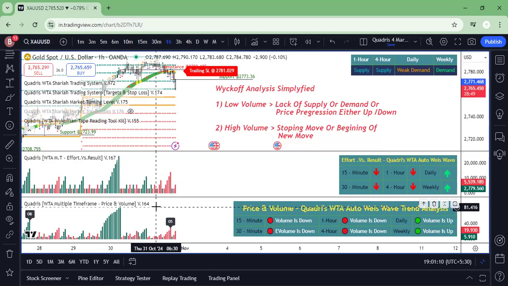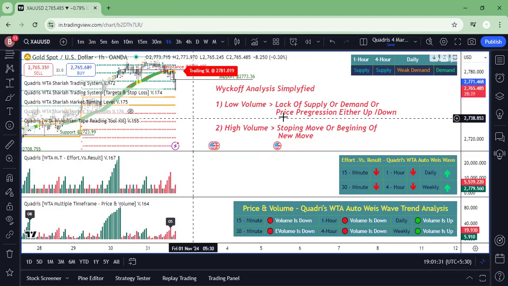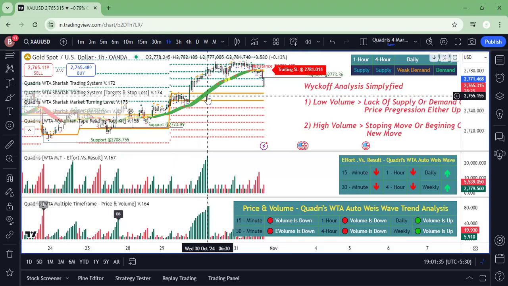This is a basic problem which everyone faces. So I have dealt with it in such a way that if you are switching from one instrument to another, or from one time frame to another, you don't have to change anything. It automatically adjusts for you to trade in.